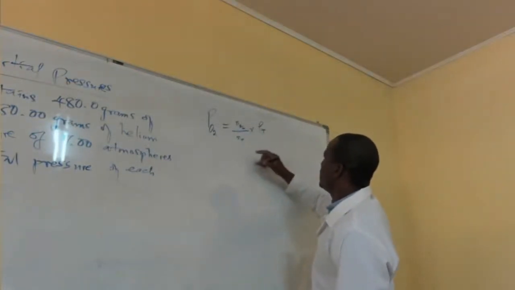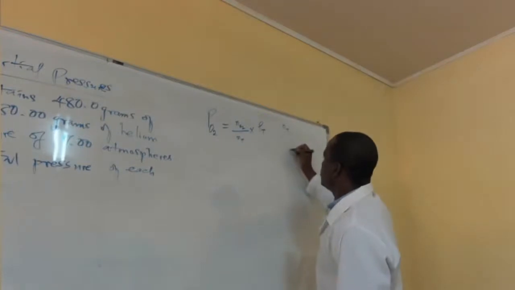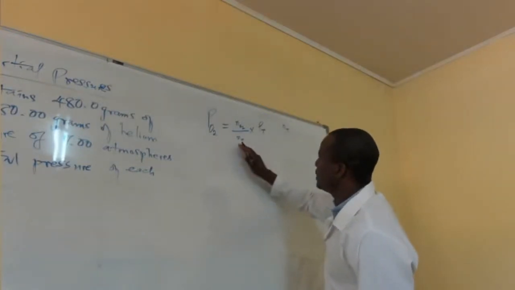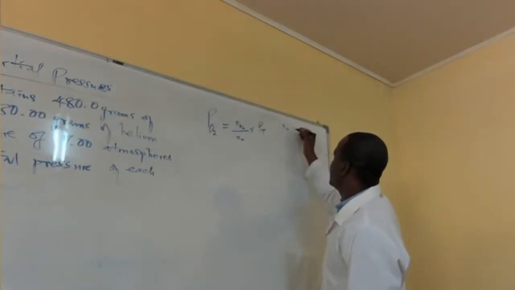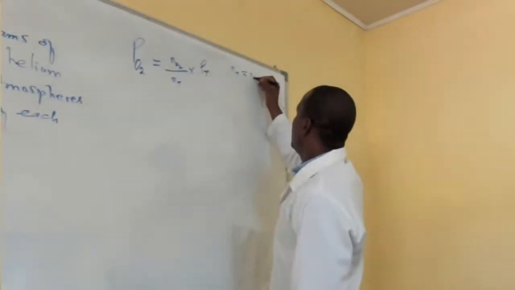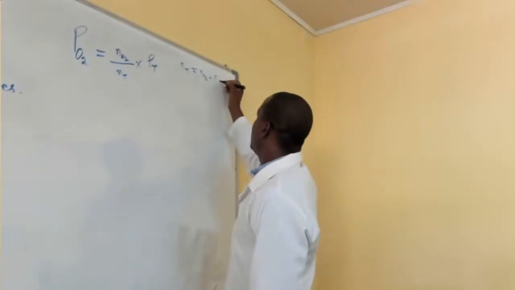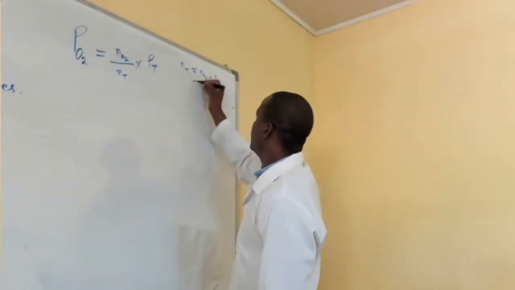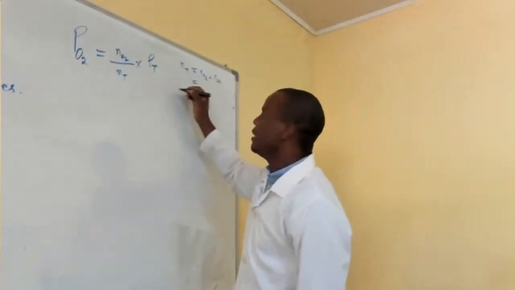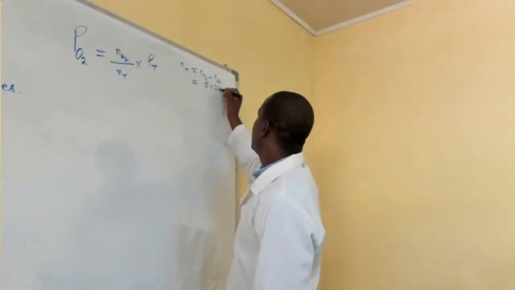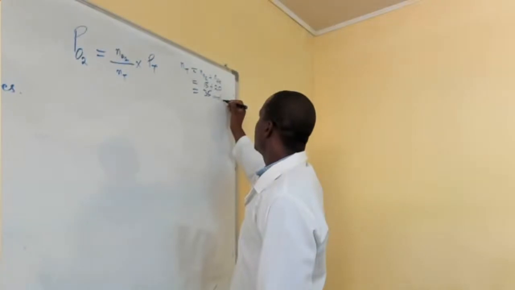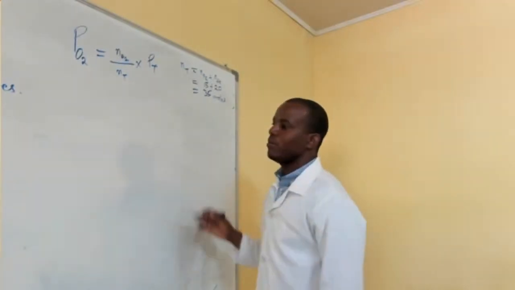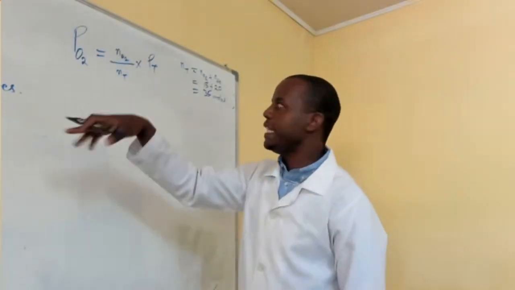N total is the sum of the moles of oxygen plus the moles of helium, so 15 plus 20, which is equal to 35 moles. That is the total number of moles in that mixture.